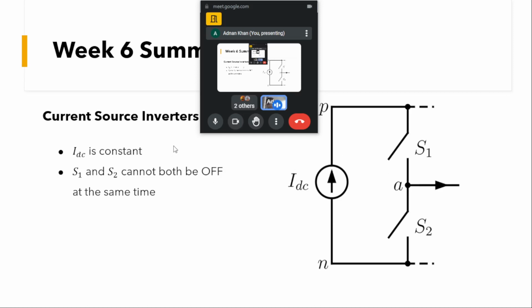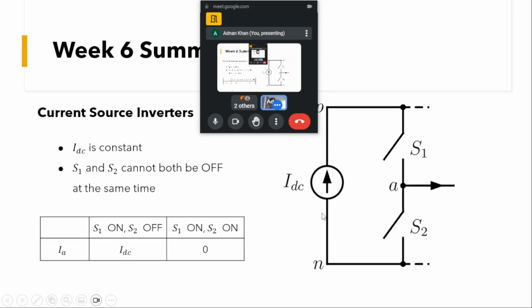Now we will see when we can get the positive current and the zero current. Let us see here: when S1 is on and S2 is off, the current through the load will be IA. Let this current be IA. This will be equal to IDC.